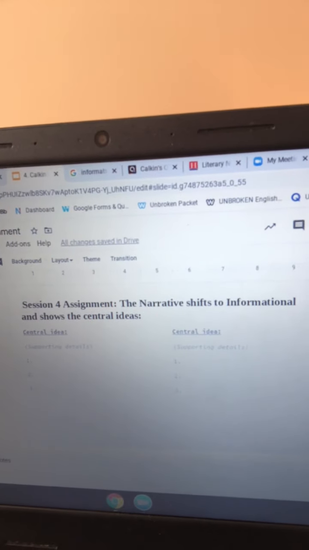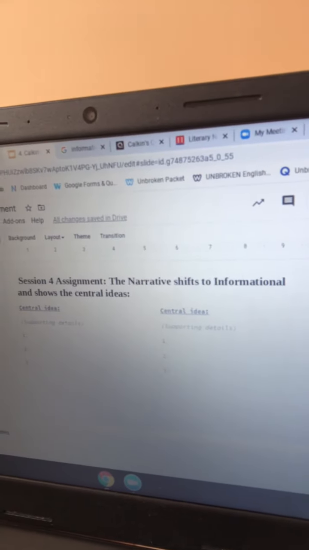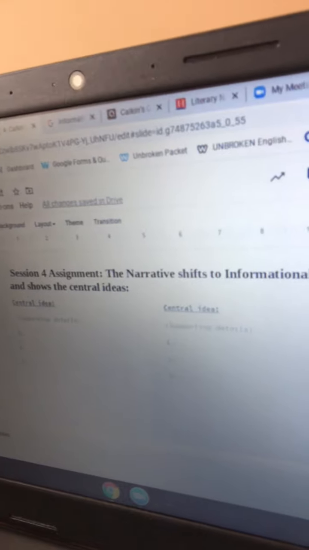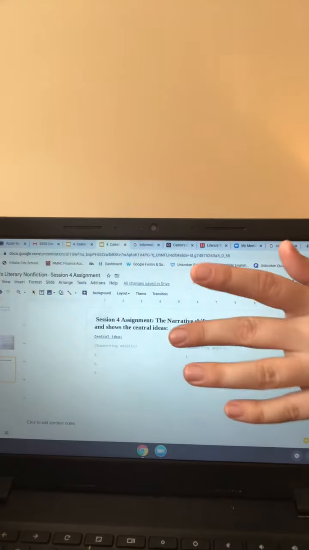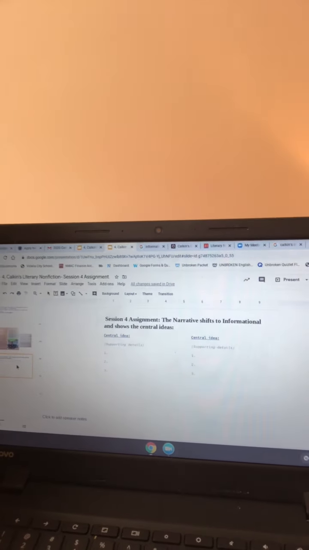But what you're going to do is write down 2 different places where you see a shift from story to information. You're going to have to find the central idea in each of those sections where it shifts. And then you're going to have to give 2 or 3 pieces of evidence that show where that shift has happened. So your answers should look very similar to what I did.